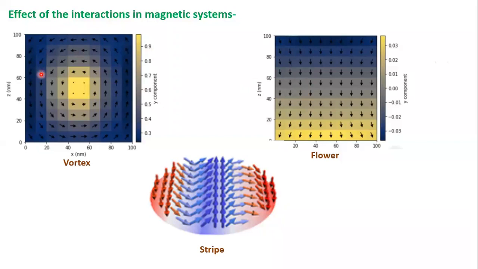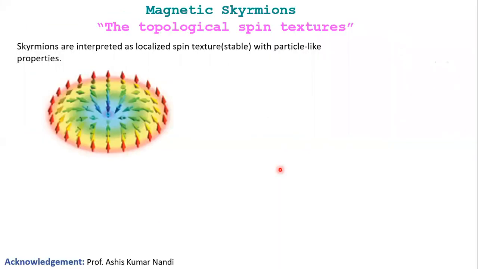You see that the spins are in this fashion. This type of texture is called vortex. This type of texture is called flower, and this type of texture is called stripe. Now in this talk, the vortex and the stripe will be more important. Now there is another texture in their family, which is the most important one, the skyrmions.